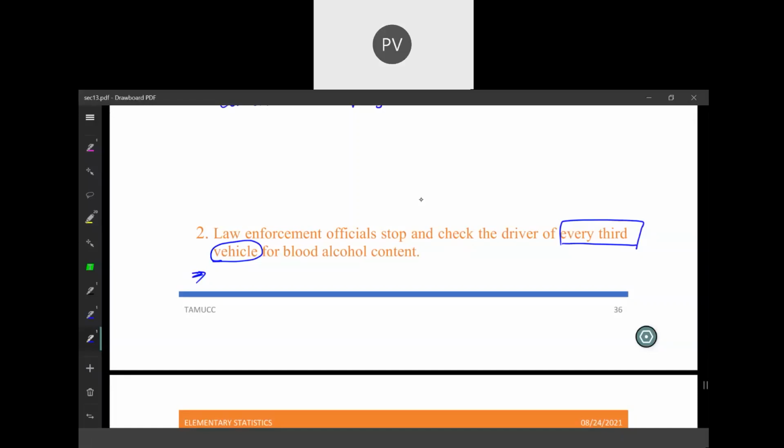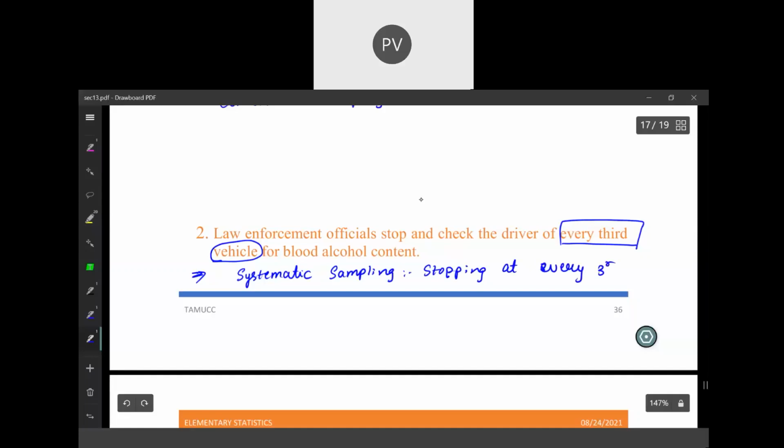So which sampling is that? Systematic, because they are stopping at every third vehicle.